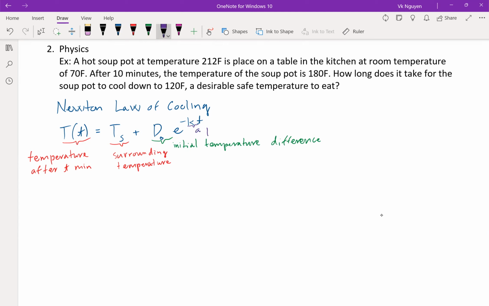The difference between these two numbers is D sub 0. So we have D sub 0 is 212 minus 70, which is 142. The number 70 here is the surrounding temperature.